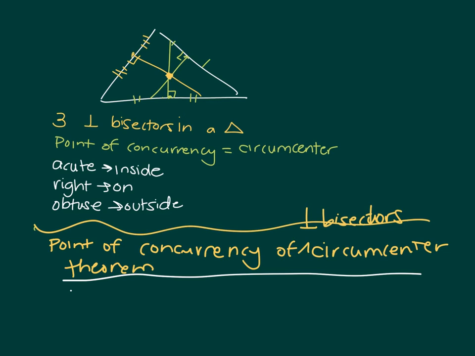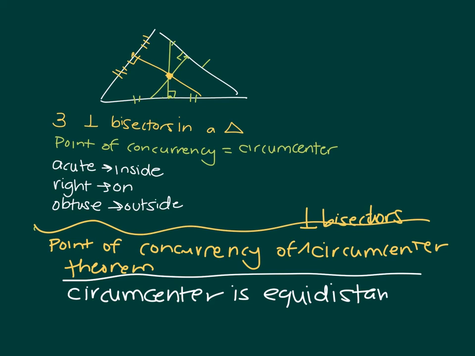From the circumcenter to what? Good. So circumcenter is equidistant from the vertices. So all of those little segments would be congruent.